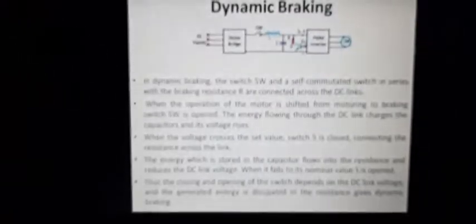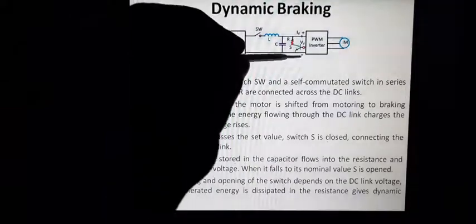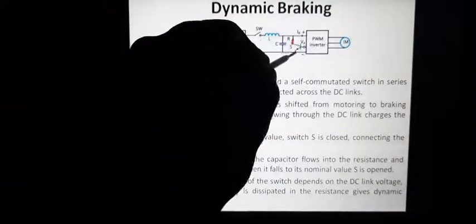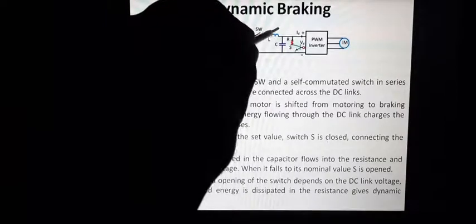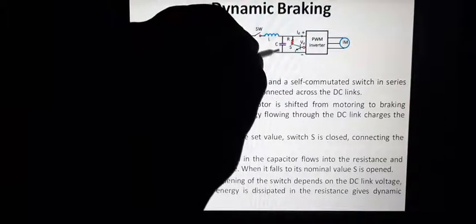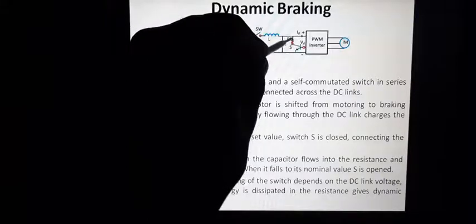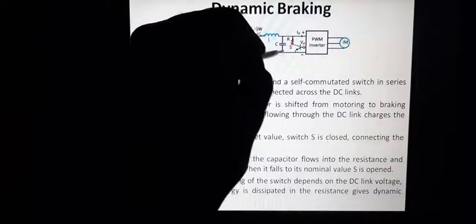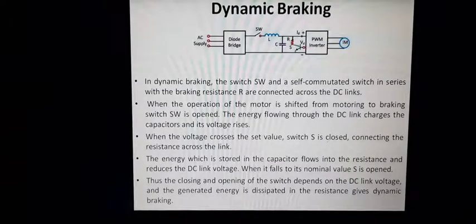So the capacitor keeps charging, and we set a value for this capacitor voltage. Once the capacitor voltage reaches that set value, at that instant the switch is closed. So whatever charge the capacitor has accumulated is now dissipated through this resistance. All the power will be dissipated through this resistance R.